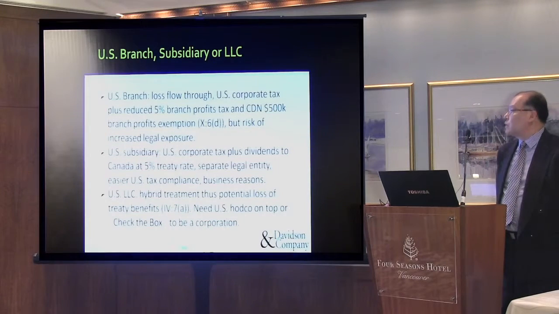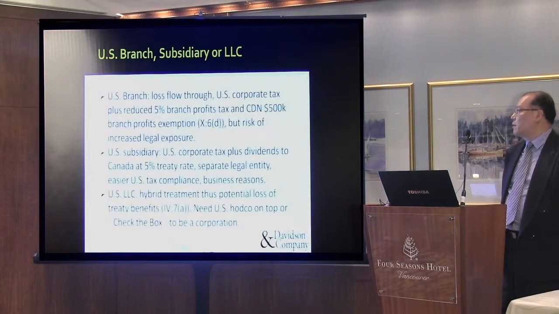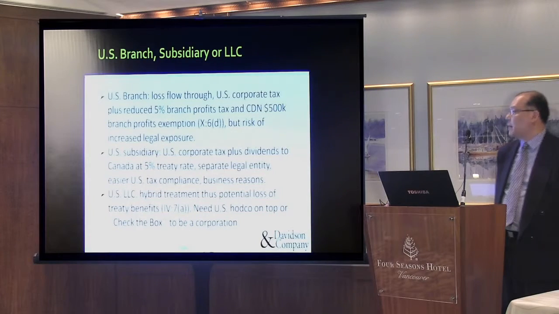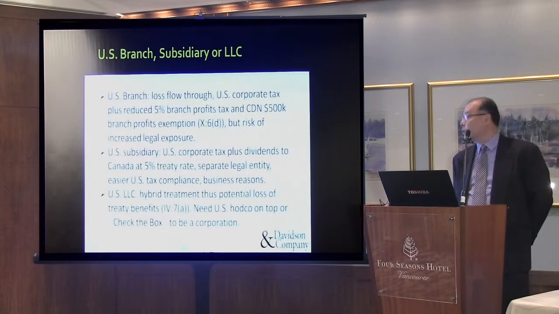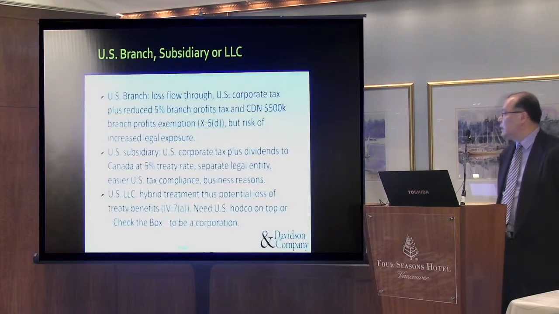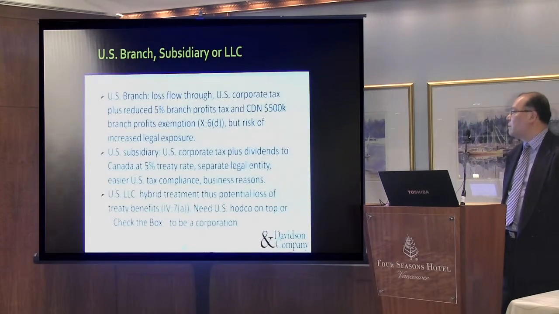By far, the most common form is in the form of a U.S. sub. And what you get with that is you pay the standard U.S. corporate tax rate, and then on profits coming back to Canada, there's a 5% withholding tax under the treaty. And the pluses with that form is that there is a separate legal entity, so there's legal protection.